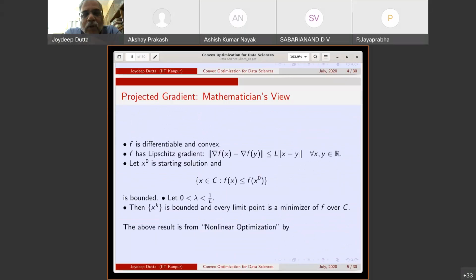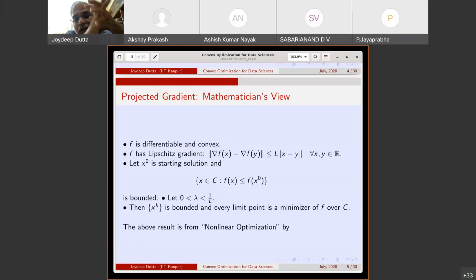So what does it say? f is differentiable and convex, and f has a Lipschitz gradient. The gradient of the function has to be also a Lipschitz function, satisfying this kind of property. If x0 is a starting solution, and it is not the solution, then the solution must be lurking somewhere in this level set.